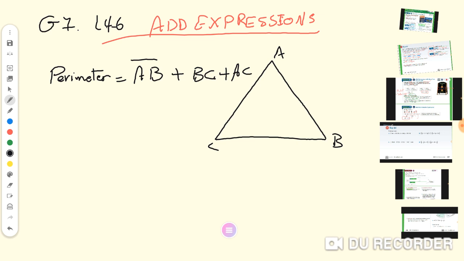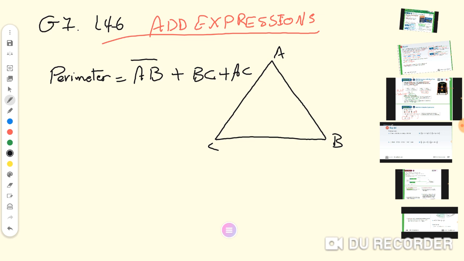That's it. Do you remember it? If you don't remember, just know it now. The perimeter of any triangle is the sum of its outer sides. Okay, let's move to the example.